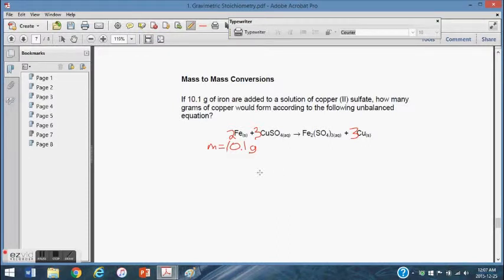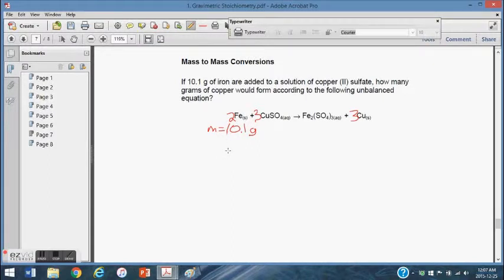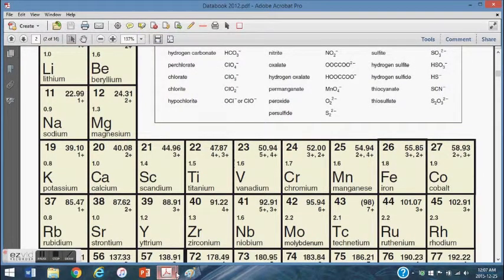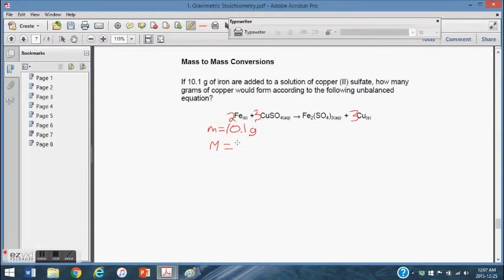No matter which way I do this, though, I need to find the molar mass of both iron and copper. In this case, that's nice and easy because I can just look on the periodic table. I don't have to add anything up. So my molar mass of iron, once I look on my periodic table, is 55.85 grams per mole. Write out the units.